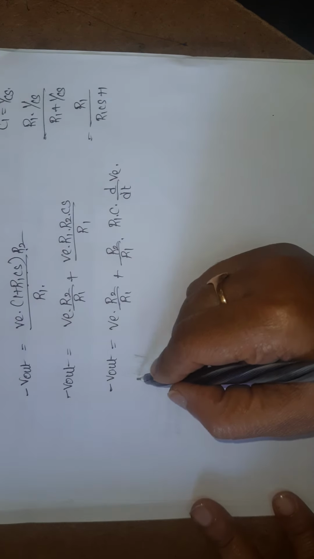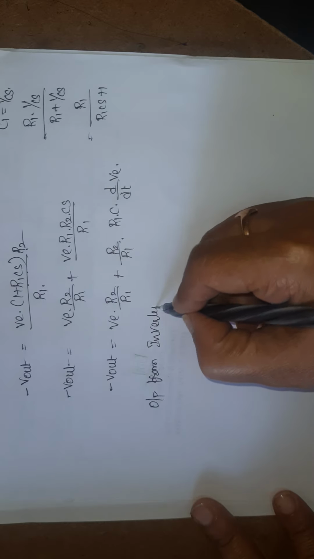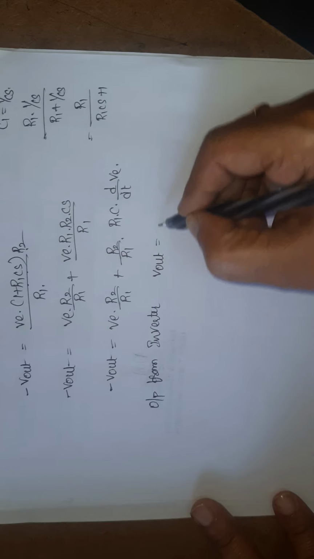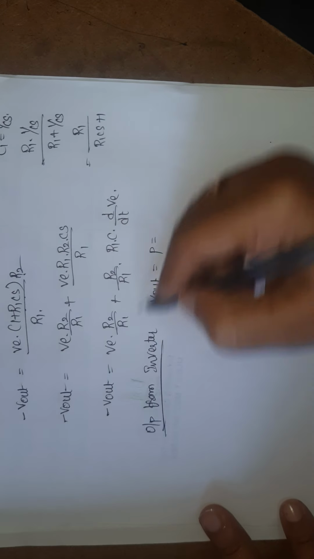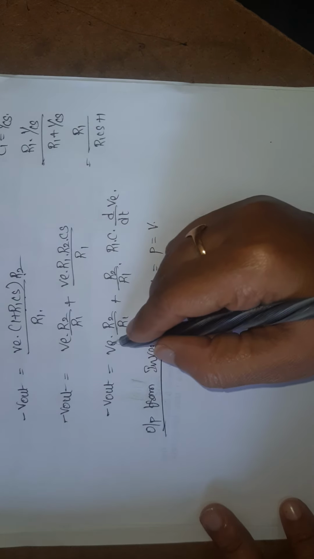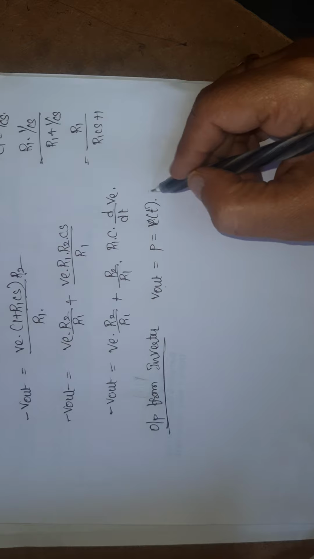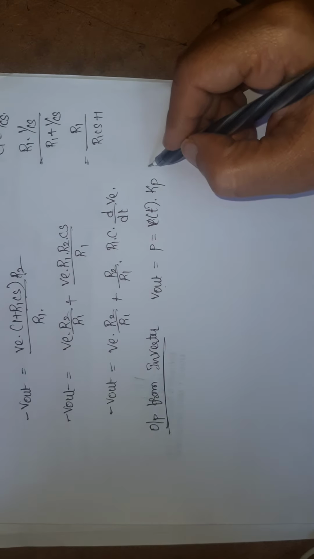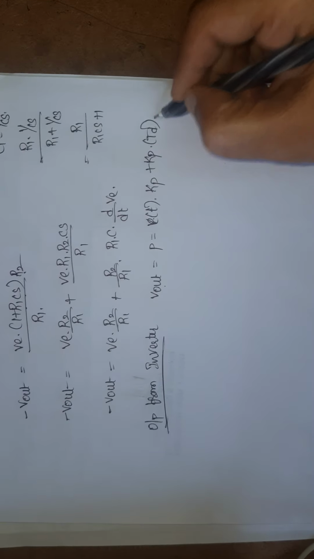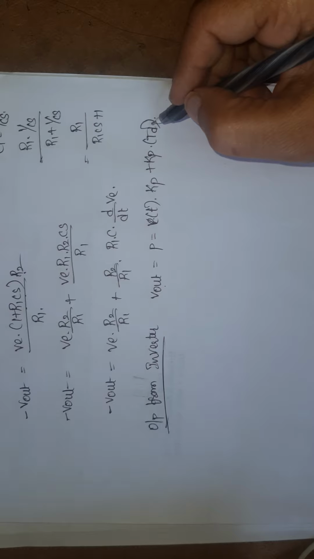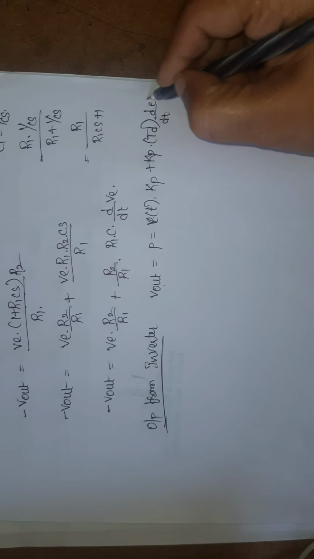Okay. So the output from the inverter is V out is equal to P, because minus V out is converted into plus V out using this inverter. Then P is equal to this VE, the error voltage, which can be written as E of t, and R2 by R1 can be considered as Kp, plus Kp into R1 into C is known as Td, and d by dt of E of t.